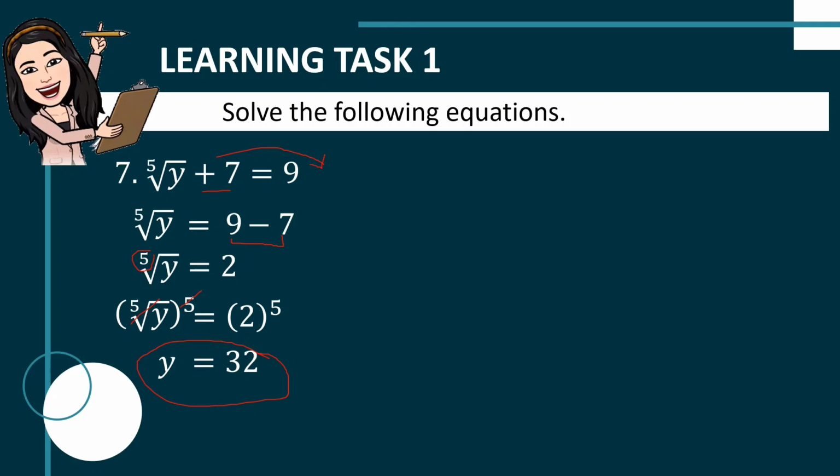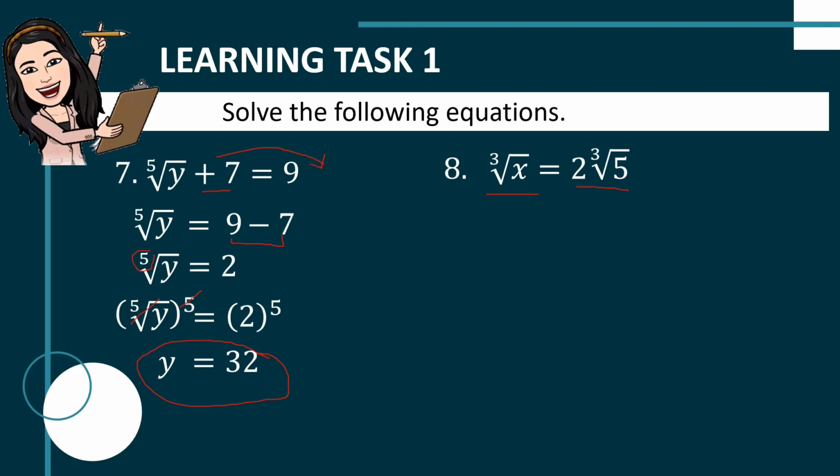Okay? Next, number 8. We have cube root of x is equal to 2 cube root of 5. So, here, how many terms do we have? 1 and 2. Paano ba natin malalaman kung ilang terms meron? Depende po sa separated by sign by a positive or negative na or by addition or subtraction.